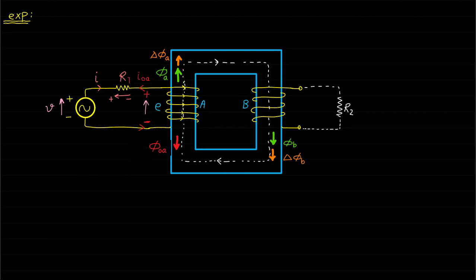The magnetic field that opposes delta phi B is denoted by phi OB.